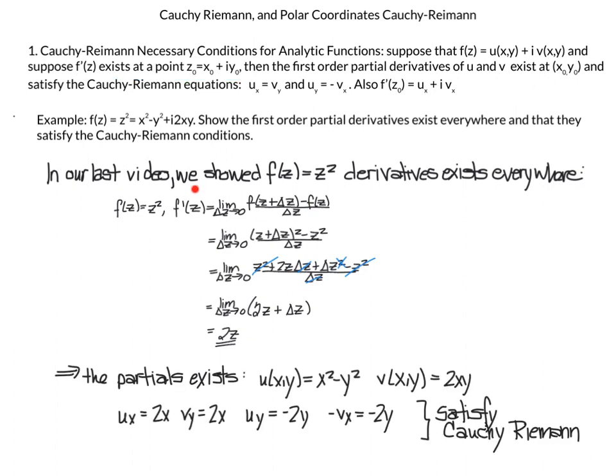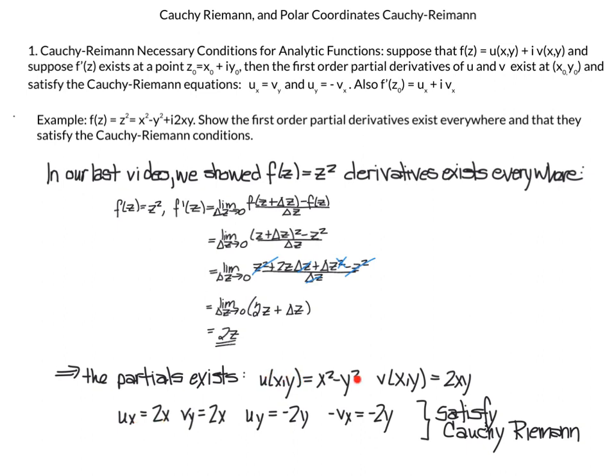And now that we know the derivative exists everywhere, that means our first order partial derivatives of u and v exist everywhere, and that the partials satisfy the Cauchy-Riemann conditions. We can just verify. u of xy is equal to x squared minus y squared, and v of xy is equal to 2xy. These exist and are continuous everywhere. We can take the partial of u with respect to x and get 2x.